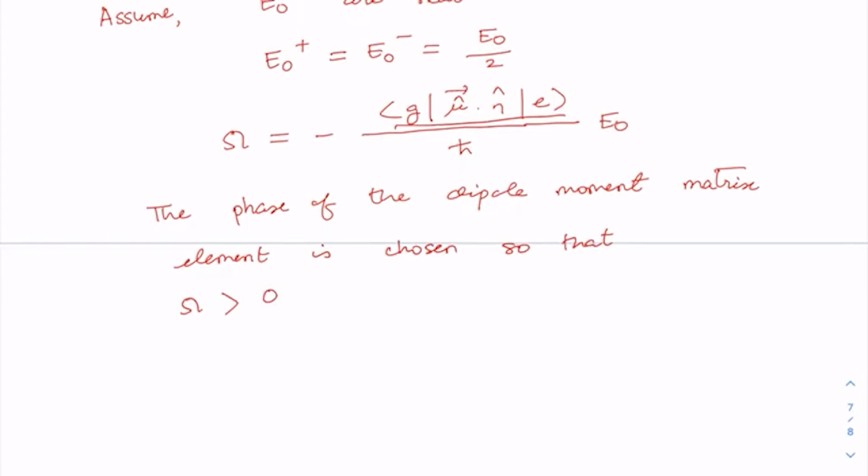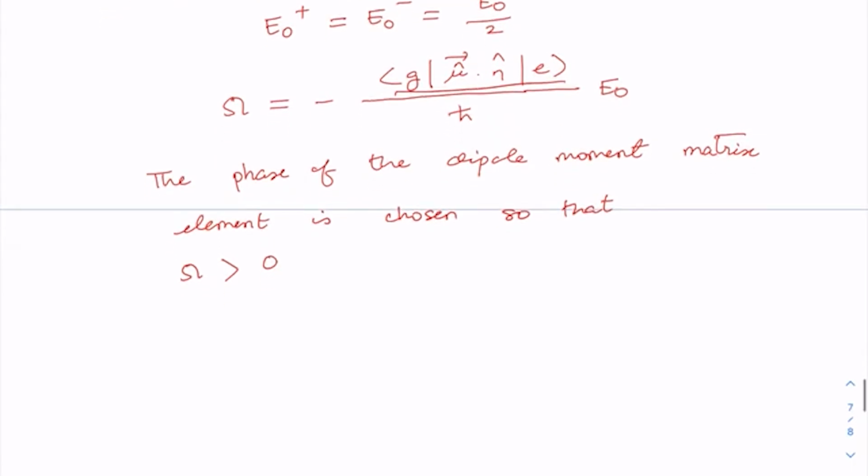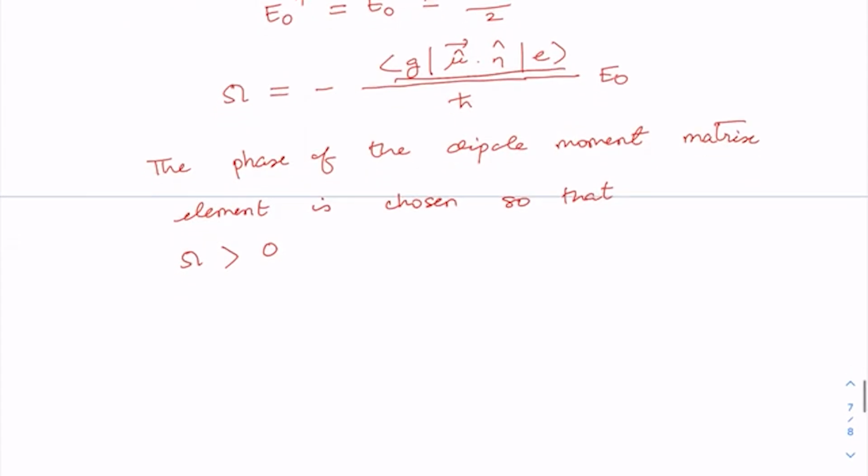The Rabi frequency characterizes the strength of the atom field coupling, and in terms of the Rabi frequency, our atom field interaction Hamiltonian will take this form. It would be ħΩ by 2 times σ e to the power iωt plus σ† e to the power minus iωt.